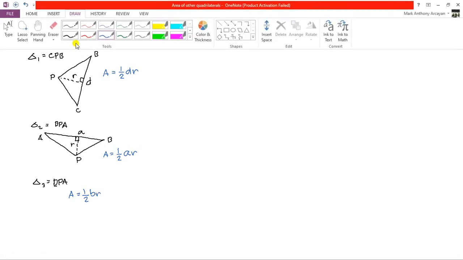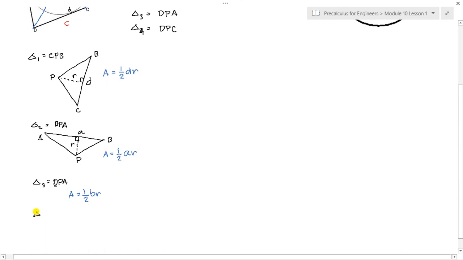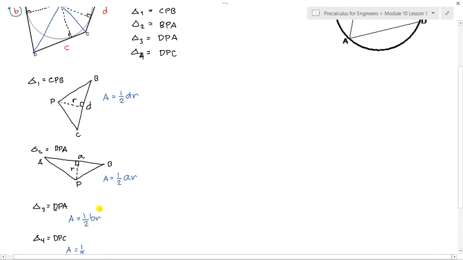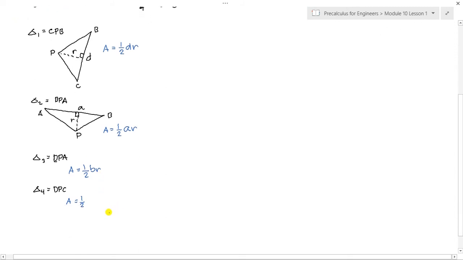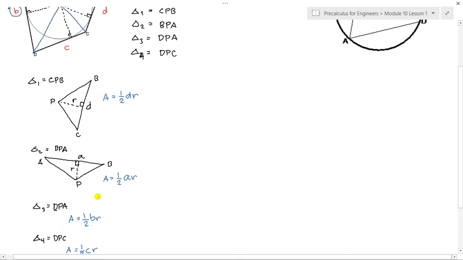And for the last triangle, we have triangle number 4, that is triangle DPC. So for DPC, the area is 1/2, and the side included in that triangle is side C. So put here C. C times R.